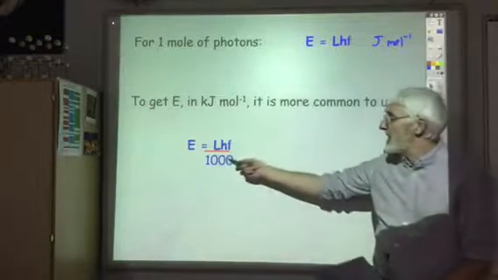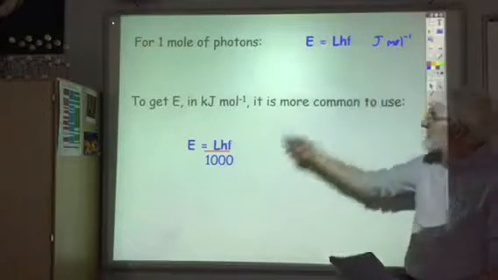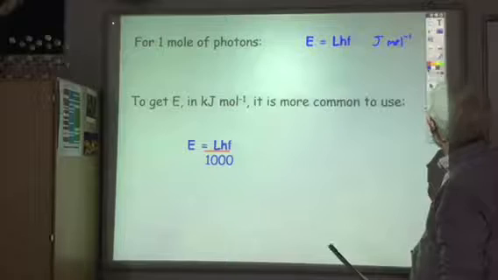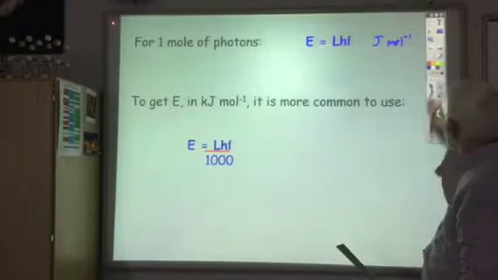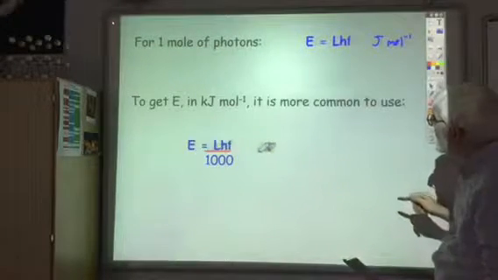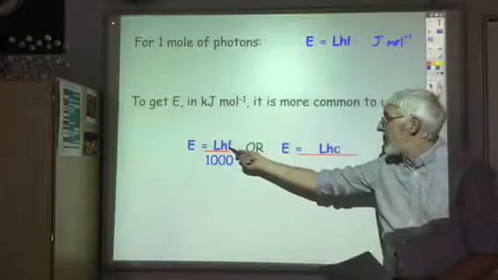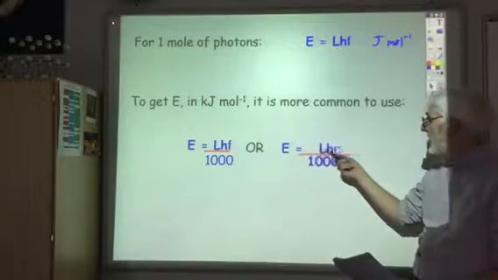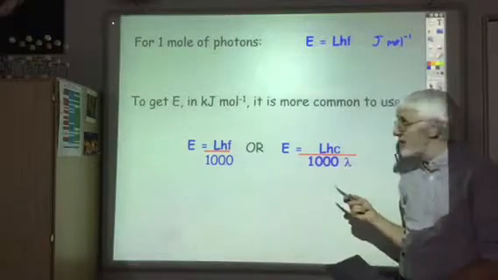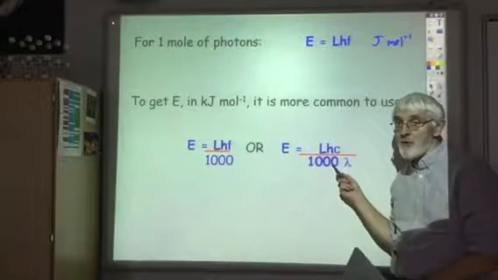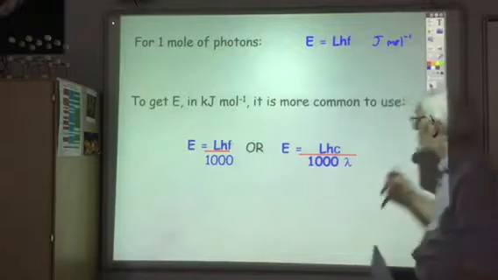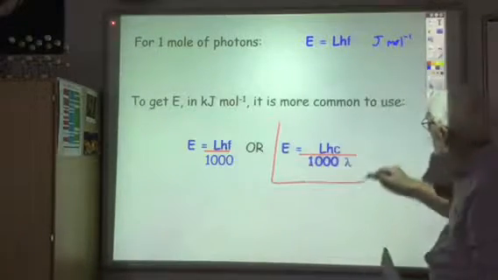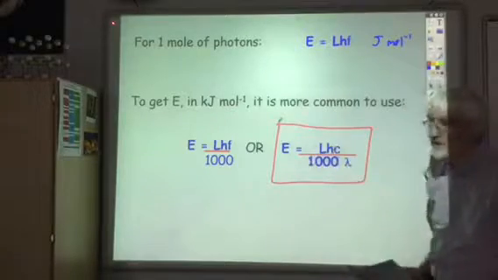Divided by 1000 changes it from joules to kilojoules. Or again, if we replace the f with c over lambda, the equation becomes E equals LHc over 1000 lambda. And it's in this form that you'll most often use this equation. So this is a form you most commonly use.